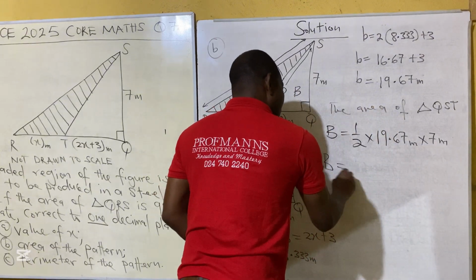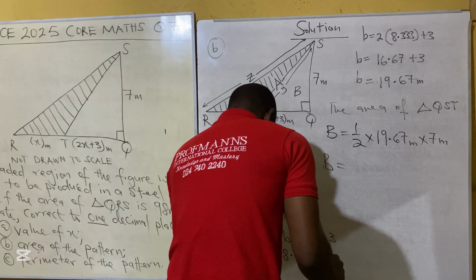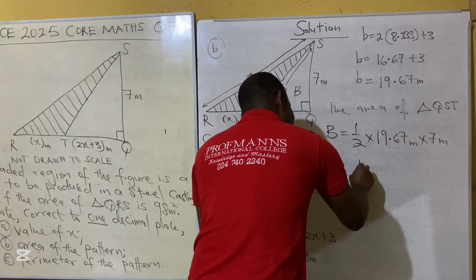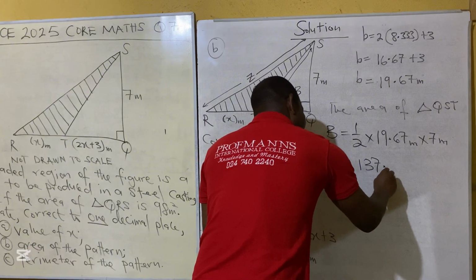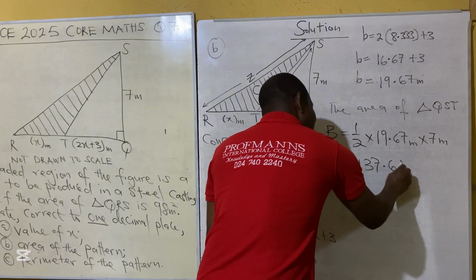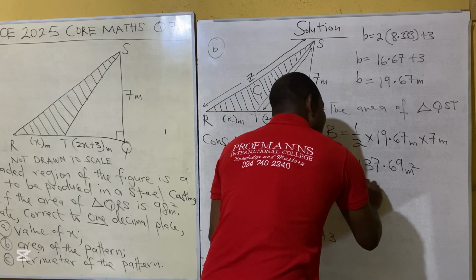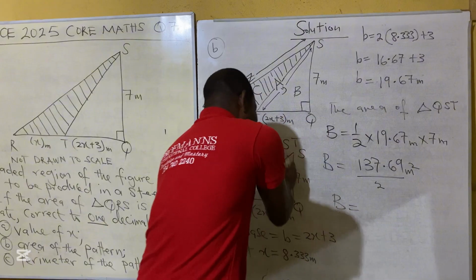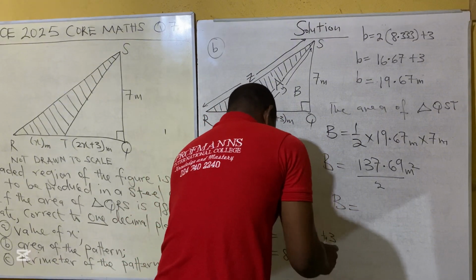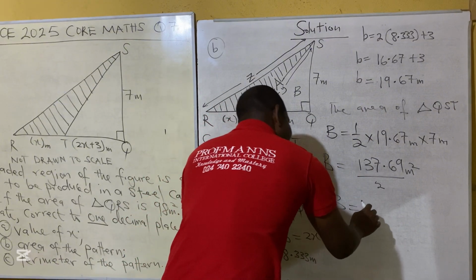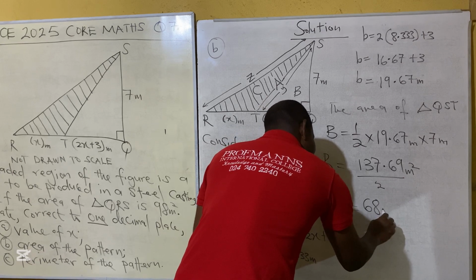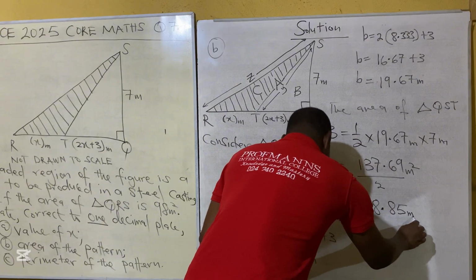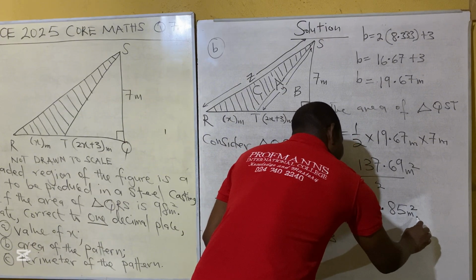So B is equal to, multiplying the numerators, 137.69 meters squared all over 2. So B, the area of this smaller right angle triangle, when we divide this by 2, gives us 68.85 meters squared.